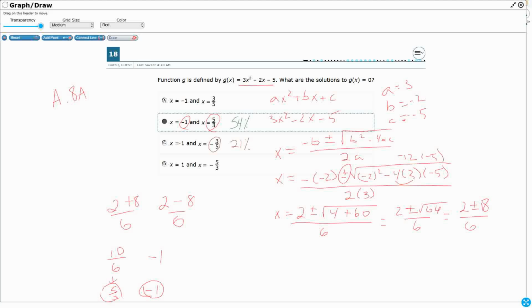We had 14% for A, and then 11% for D. So for the most part, it was on the easier side, 25th easiest, right there in the middle of a 50-point test or a 50-item test. So not the easiest, but definitely not the hardest as well.